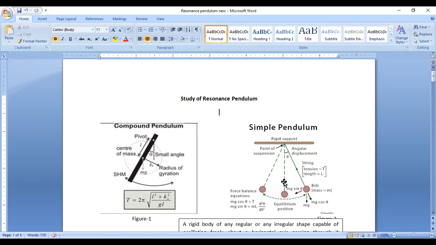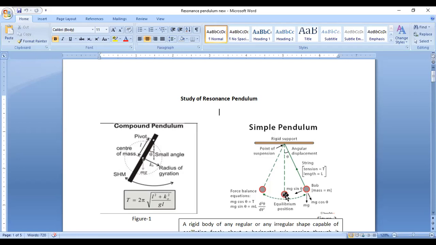You can see a sphere of mass m, which is suspended by a string of length L from a rigid support, and the length of the string is capital L. In a simple pendulum there is no distribution of mass, because the mass of the string is negligible, and the entire mass of the pendulum is concentrated at a given point here.